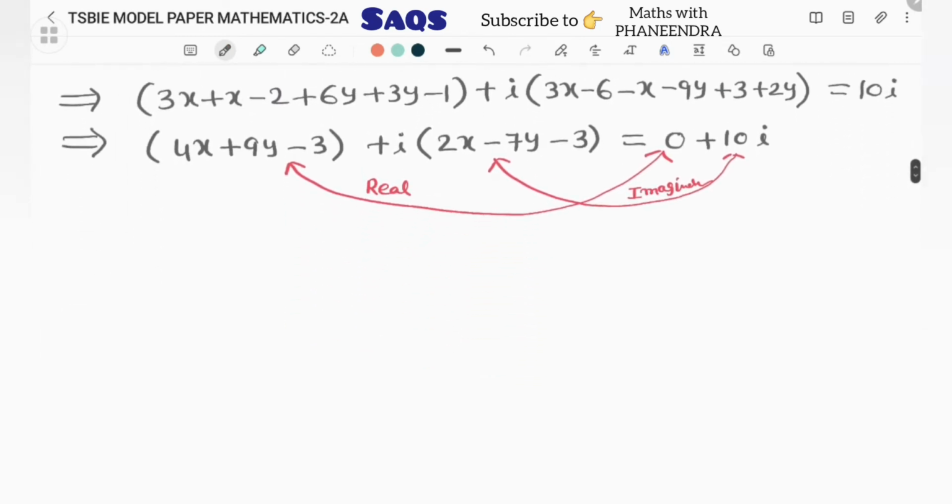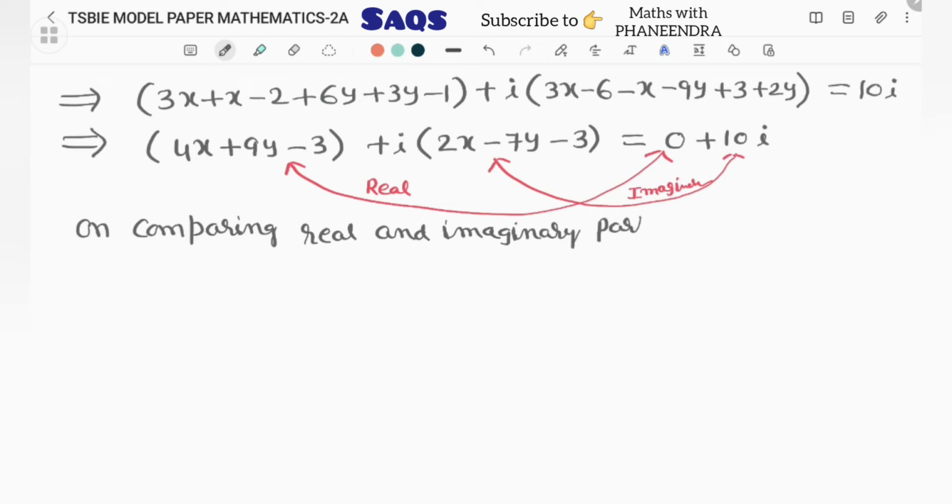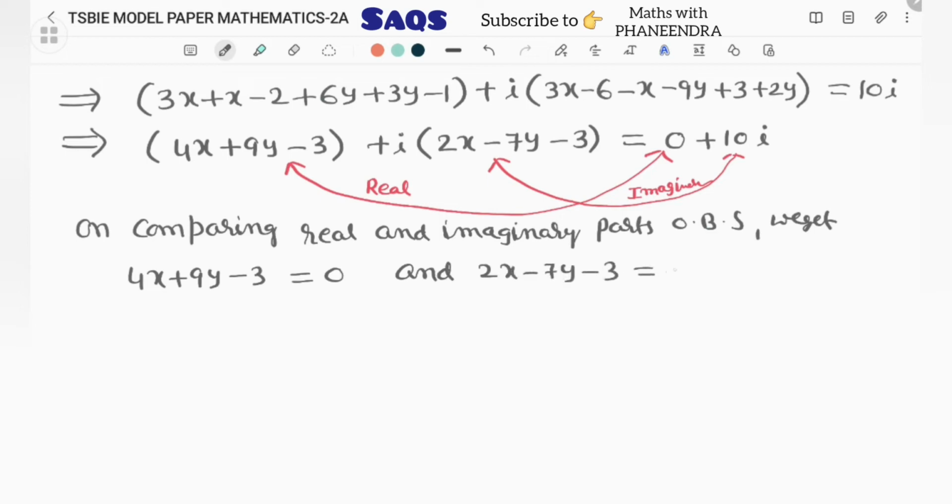So on comparing real and imaginary parts on both sides, we get 4x plus 9y minus 3 equal to 0 and 2x minus 7y minus 3 is equal to 10.